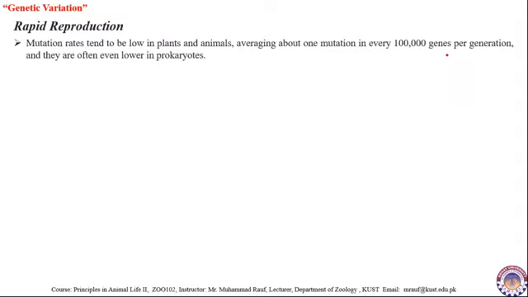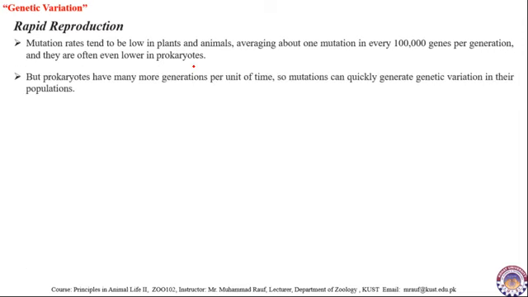Because it's a harmful process, it's rare, and rates are often even lower in prokaryotes, but prokaryotes have many more generations per unit of time, so mutations can quickly generate genetic variation in their population.